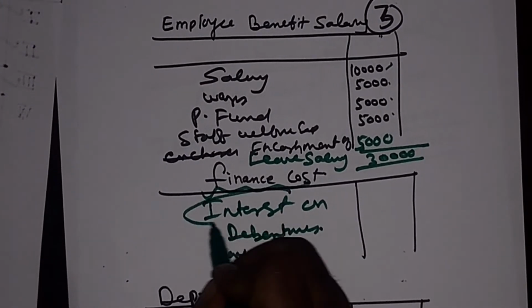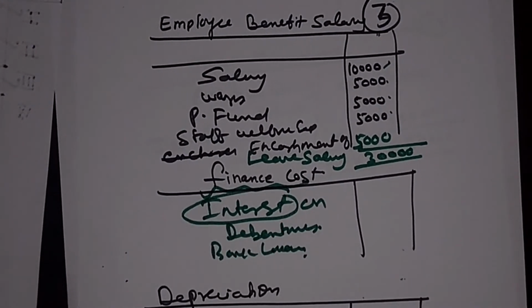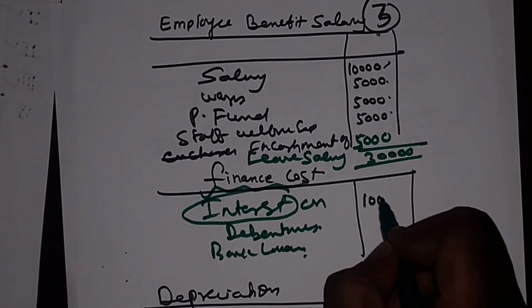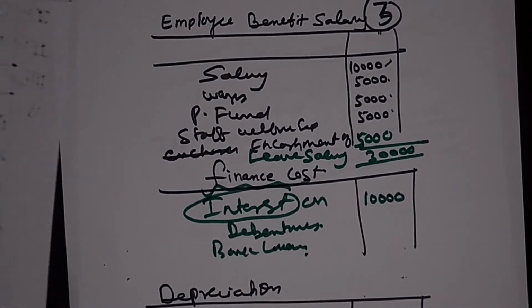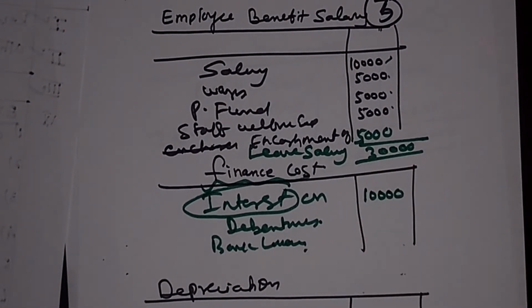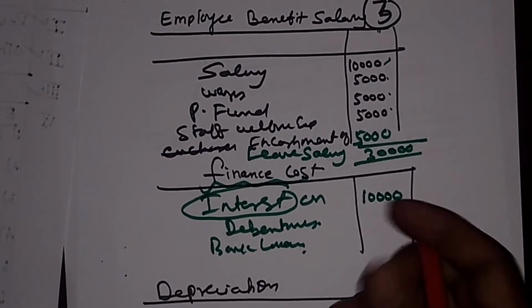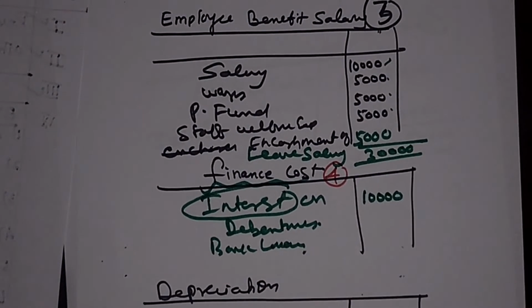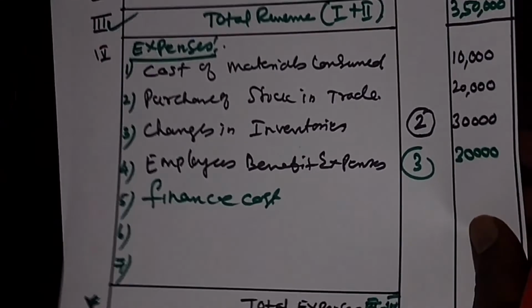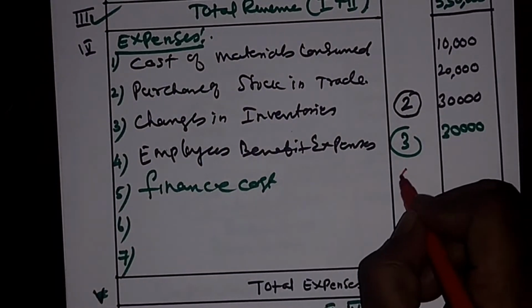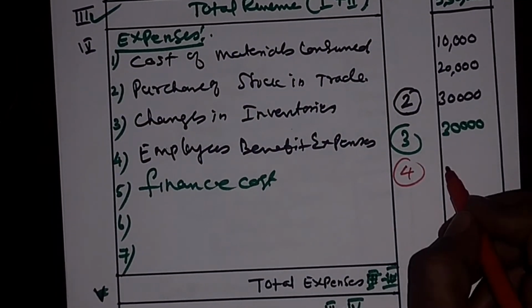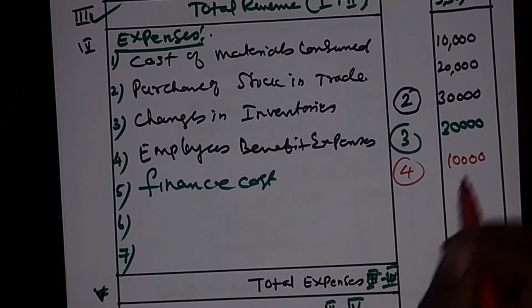But finance cost means interest. For example, let me write here 10,000. For this I'll give note number 4.